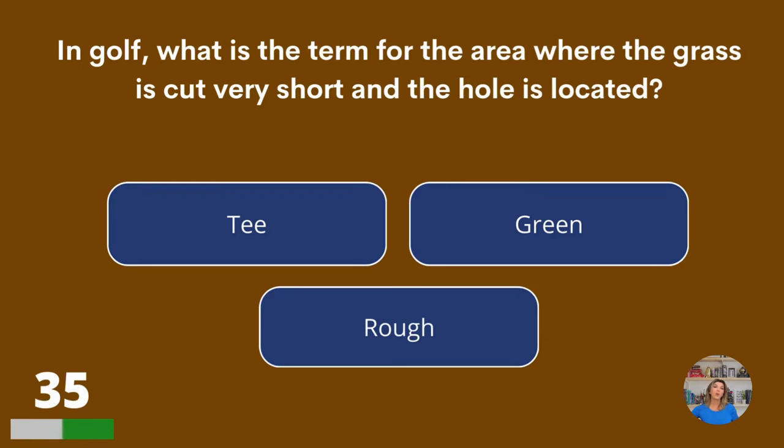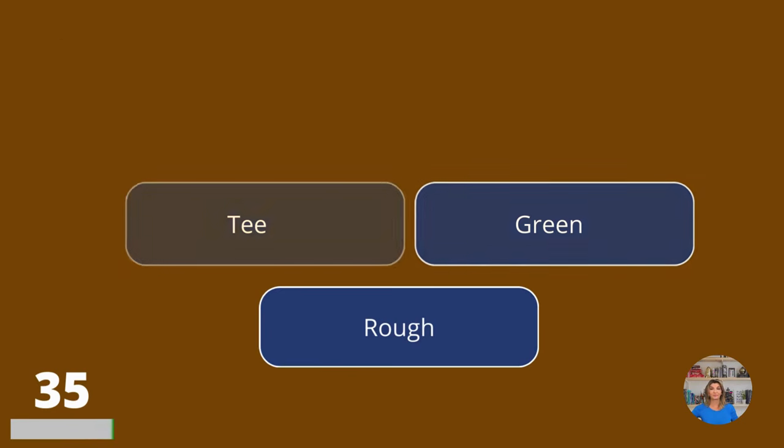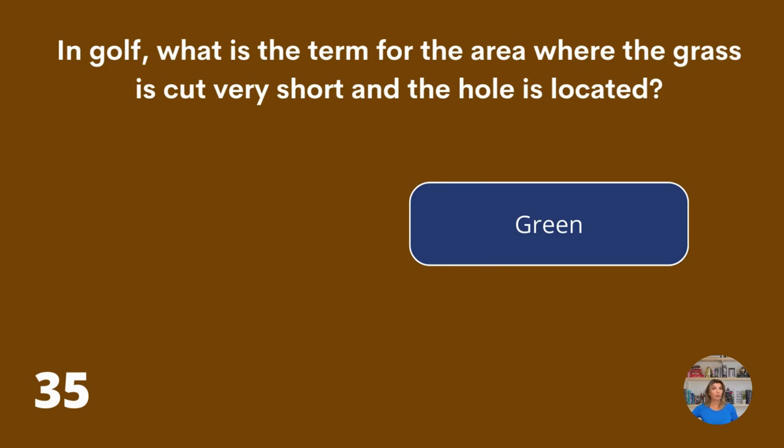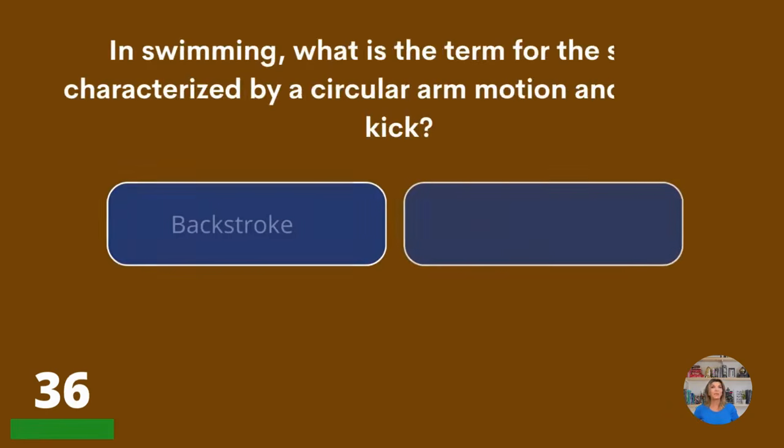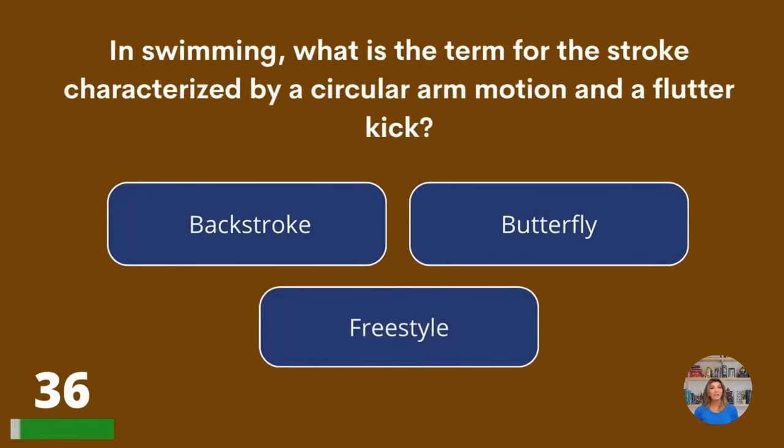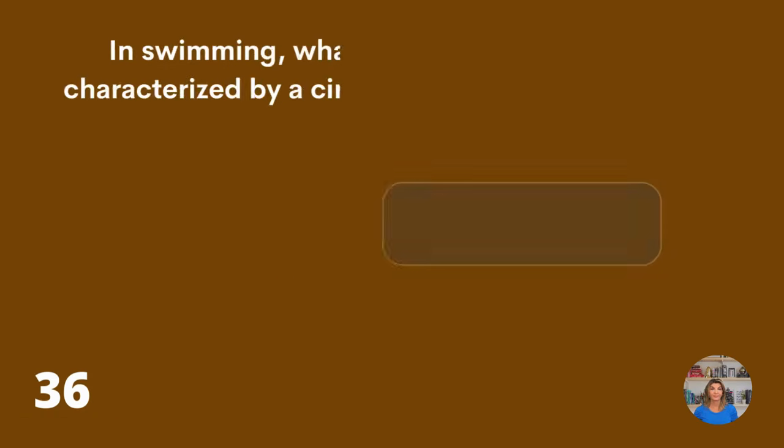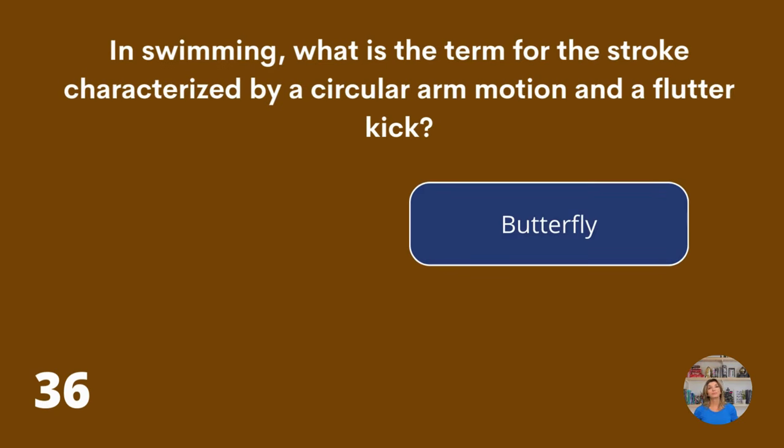Tee, green, or rough? Green. In swimming, what is a term for the stroke characterized by a circular arm motion and a flutter kick? Backstroke, butterfly, or freestyle? Butterfly.